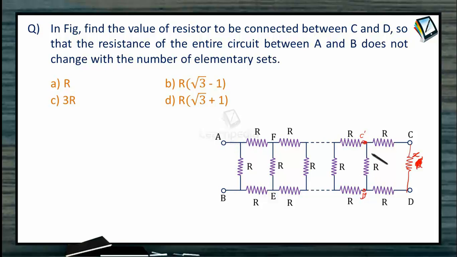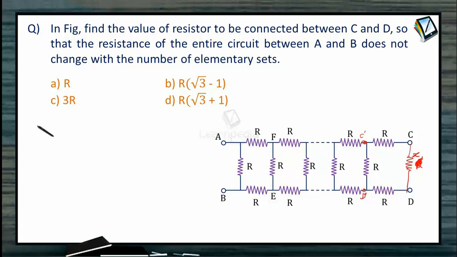So ultimately the question is that between C dash and D dash the equivalent resistance of these 4 must be equal to X. For C dash and D dash, these 3 resistances are connected in series. So in series, R plus X, so 2R plus X. Then 2R plus X and R are connected in parallel.